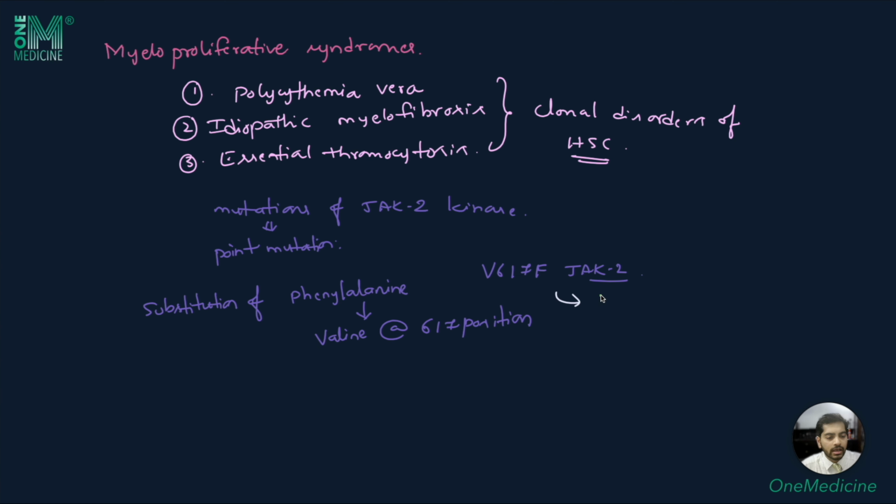This results in activation of the kinase. This mutation is seen in approximately 90% of the patients with polycythemia vera and approximately 45% of the patients with myelofibrosis and essential thrombocytosis.